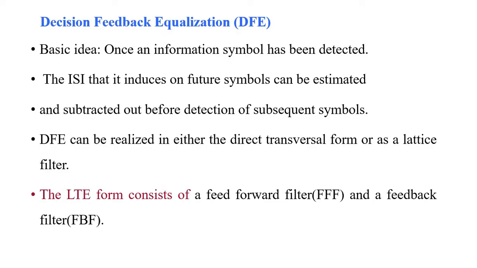So in this category we can name the type of the non-linear equalizer. The name is decision feedback equalizer, and we use this equalizer to extract the output based on a particular setting. Here things happen in two phases: one is the feed forward filter and one is the feedback filter.